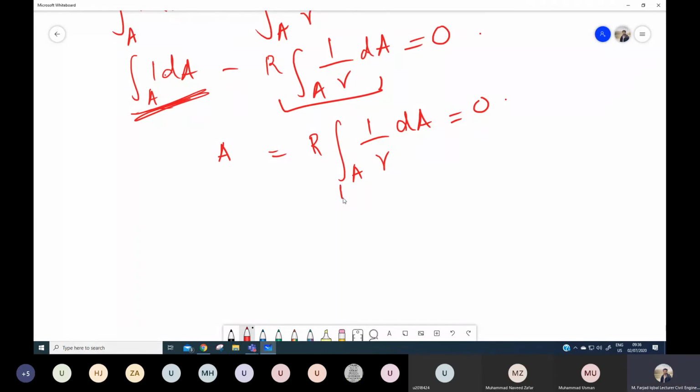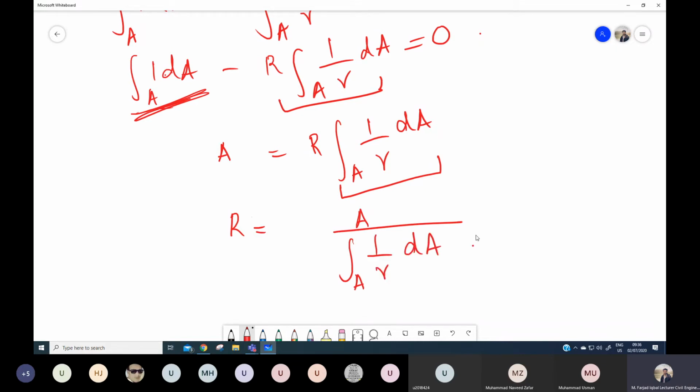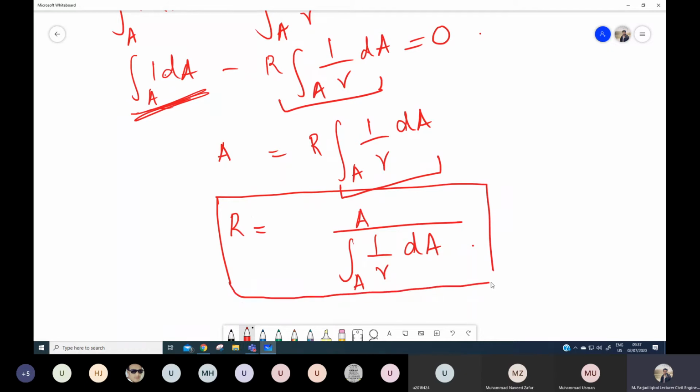So if I take this whole term on the left side, I will get the equation of R as A over integral of 1 over R dA, right? Now, this is the equation which is being used for the calculation of the location of neutral axis.